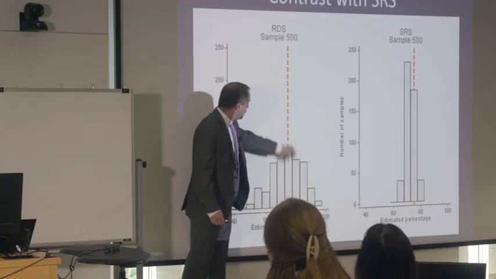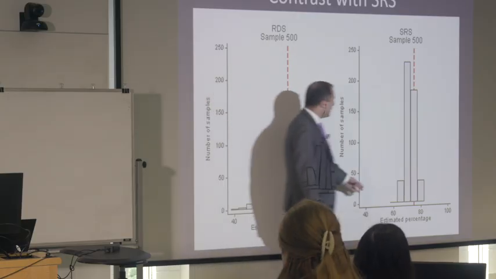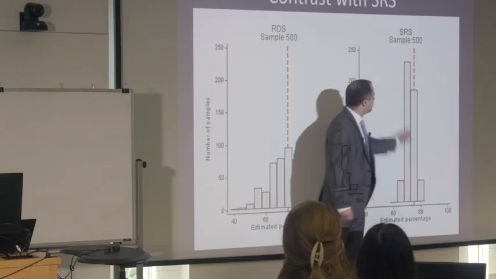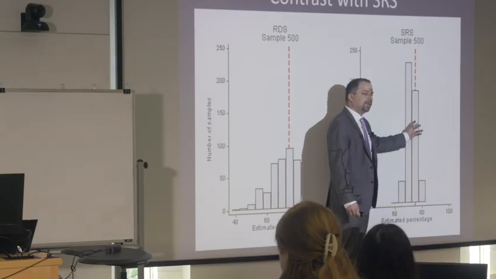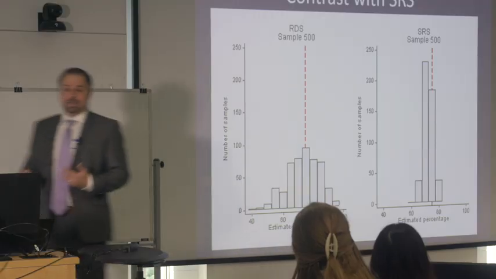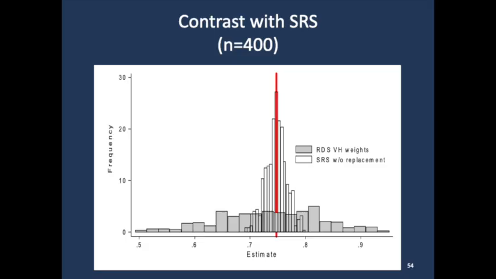You can see that it's pretty much unbiased, but it's pretty wide. Whereas with 500 cases with simple random sampling, we end up with a much less wide distribution that is also, if I graph the bins a little bit differently, unbiased, right? And that's a nice feature of simple random sampling, but RDS doesn't seem to have that. So when we increase sample size even more, it doesn't improve that scenario dramatically.